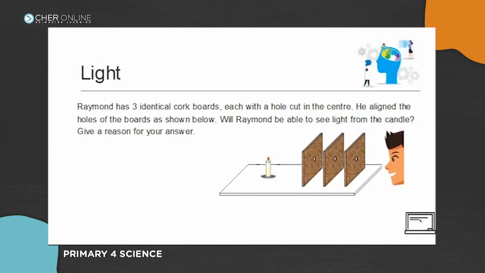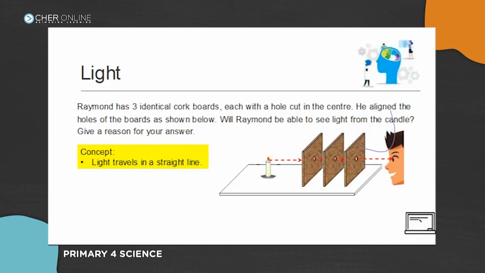Give a reason for your answer. Before we go on, what is the concept that we are testing here? You can put up your hands to answer. Your answer must have light travels in a straight line. Okay, so that's the concept: light travels in a straight line.